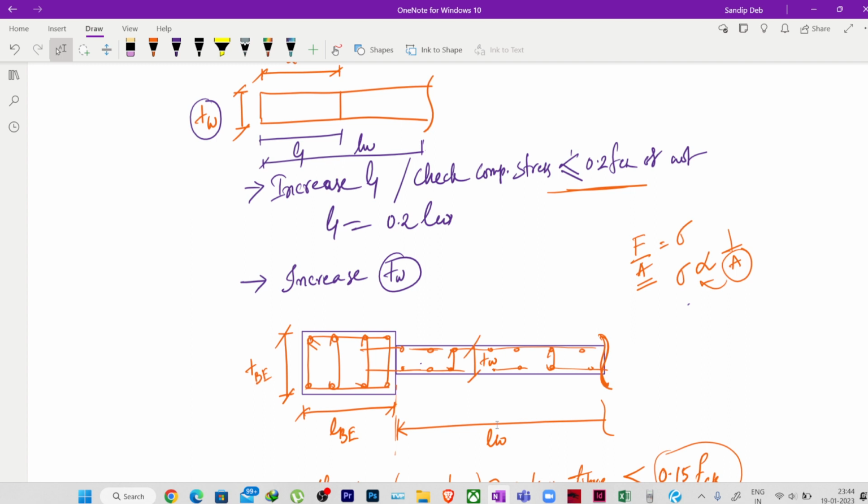But in high-rise structures, it is seen as a general practice that those walls are also made as concrete walls. The partition walls are made as concrete walls. So in that case, the shear walls and the plain concrete walls are cast together, and most of the time people get confused whether those walls will also act as shear walls or not, or whether those walls will also be designed as shear walls or not.